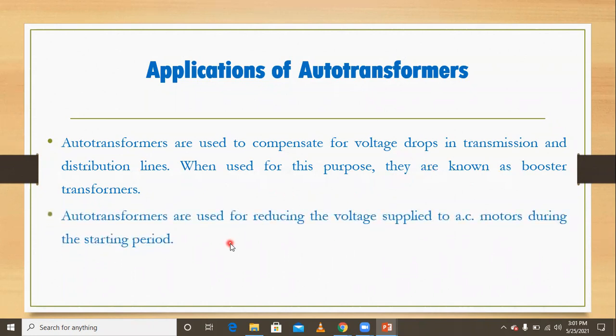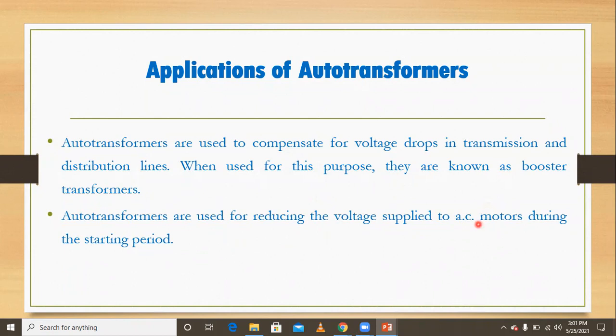Auto transformers are used for reducing the voltage supplied to AC motors during the starting period, that is, the starting methods of induction machines. An auto transformer is used in starting induction machines, single phase or three phase AC motors, such as agricultural pumps.